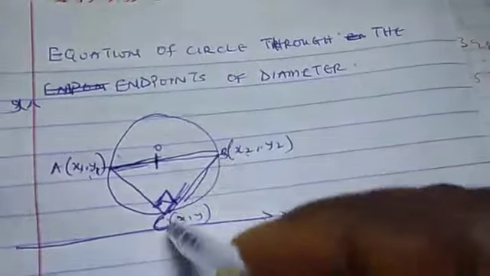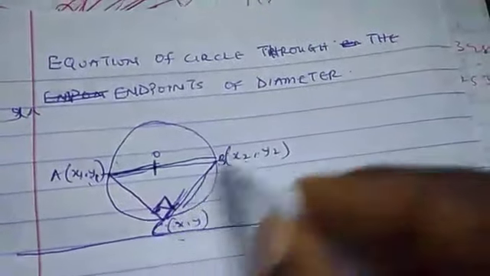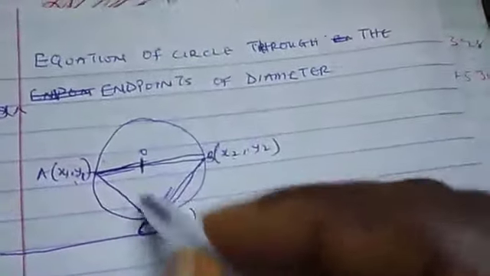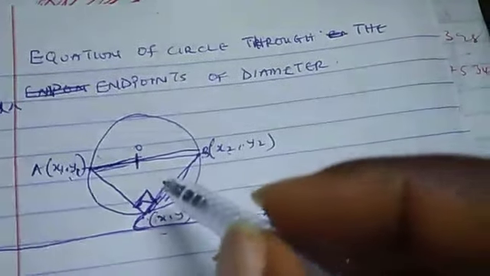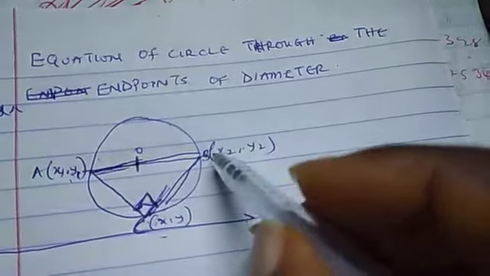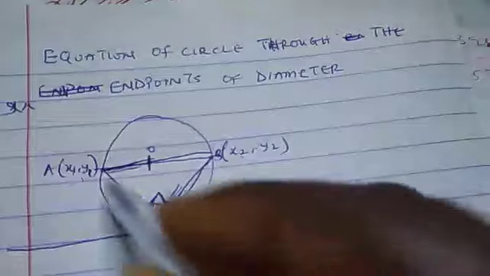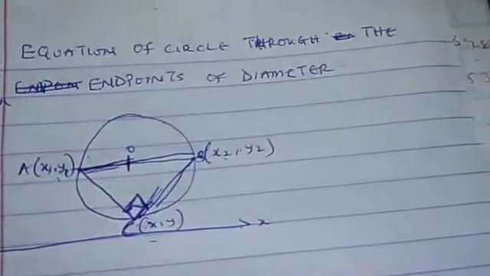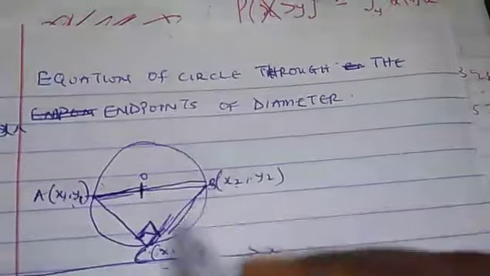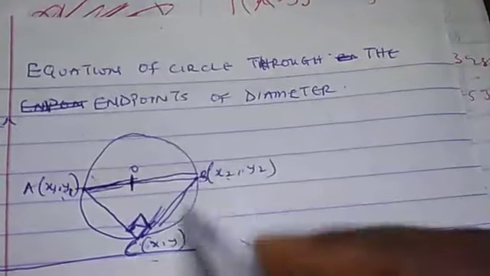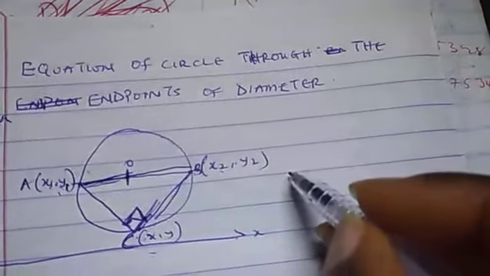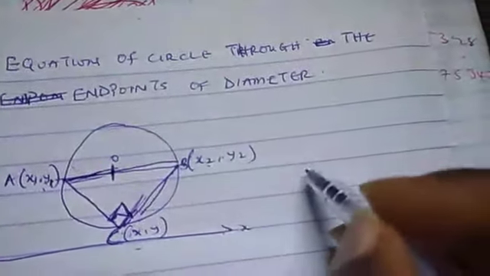Since this line is perpendicular to this line, definitely the product of their gradients will be equal to minus 1, as you have said before. And what's the gradient of this line?